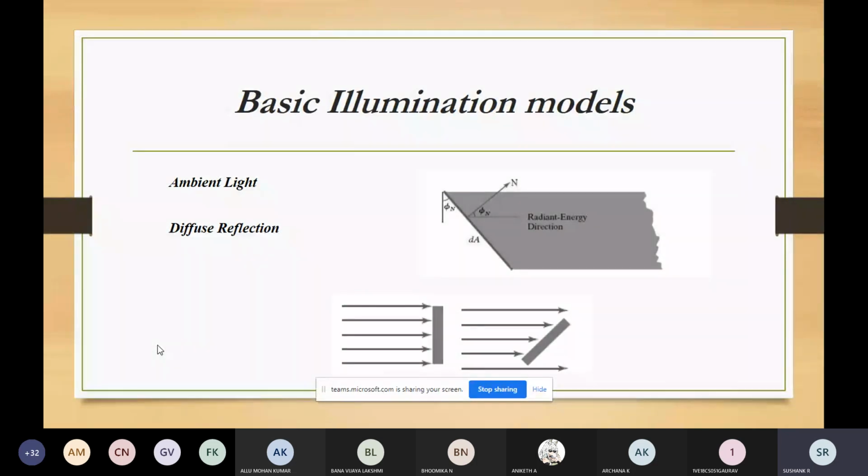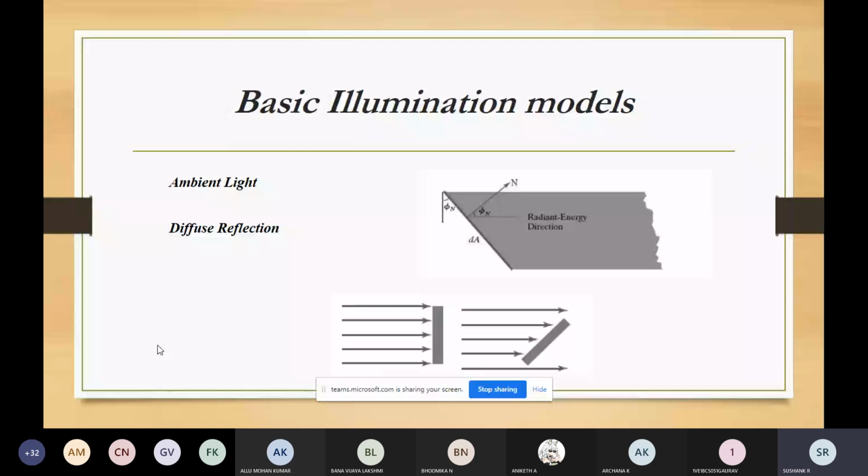When we talk about diffuse reflection, there is a light falling on the surface, and that light will be scattered.